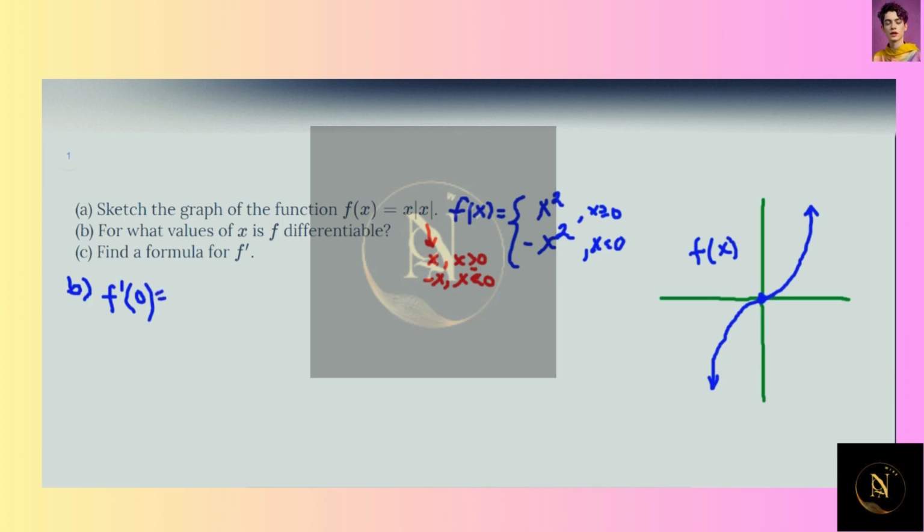We're going to check the limit as x approaches 0 from the right, meaning that we're using this function, x squared, minus the function evaluated at 0, so 0 squared, over x minus 0. This is equal to x, and as x approaches 0, this approaches 0.